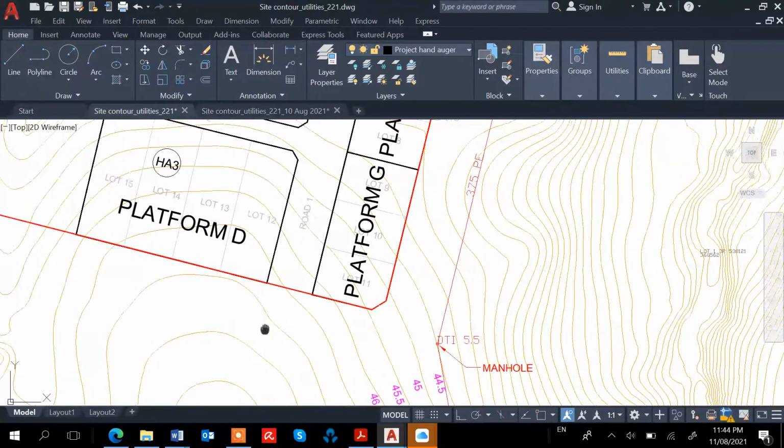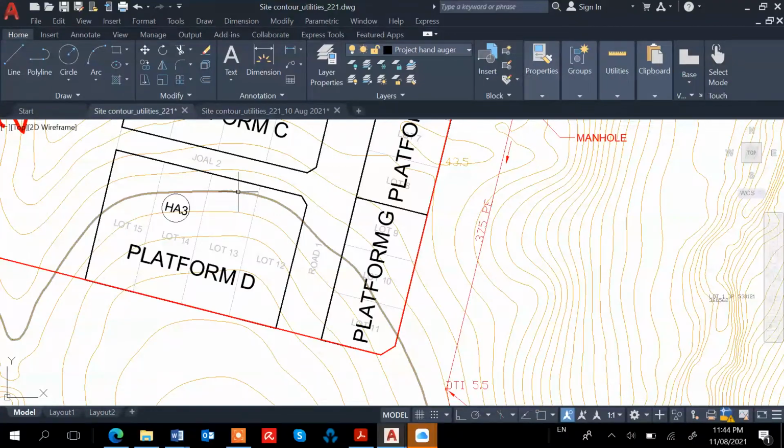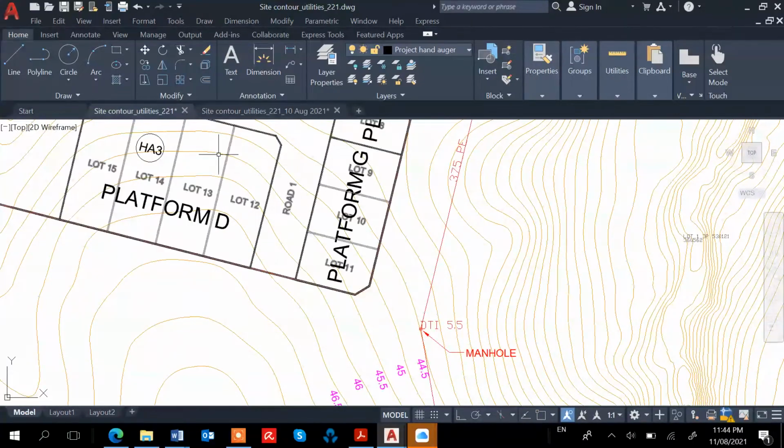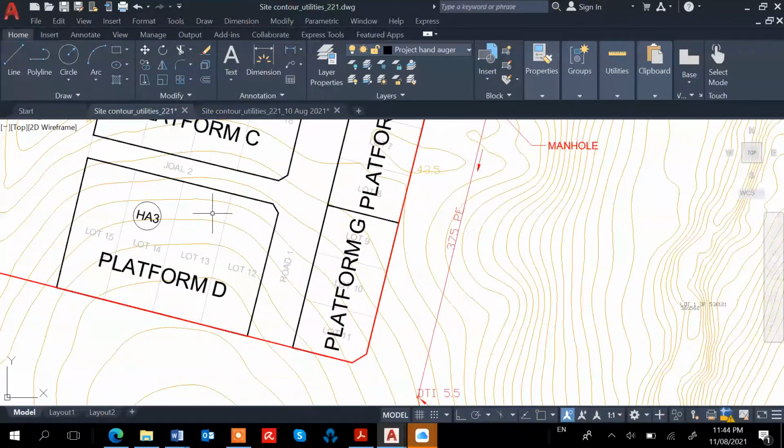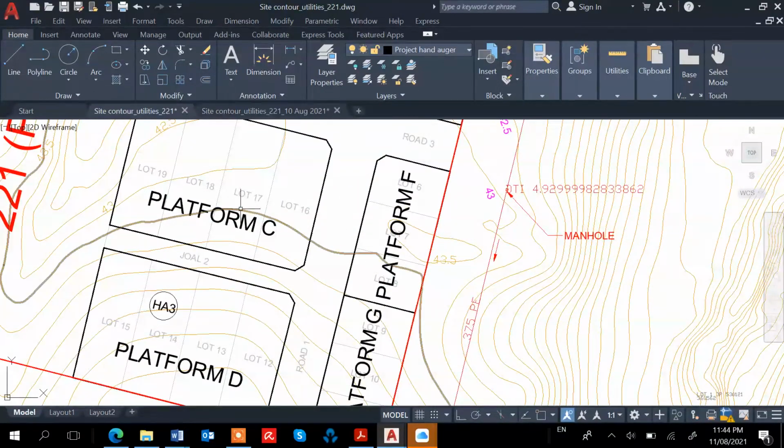But if, let's say, we want to drop it to 45, because after we determine the platform level between C and D, we might want to drop it down. Otherwise, if the difference is too large, there'll be a retaining wall at the front rather than at the back.